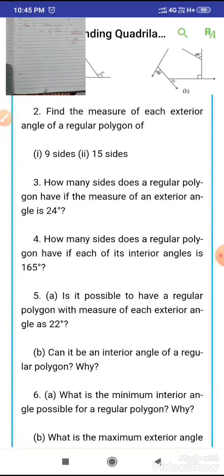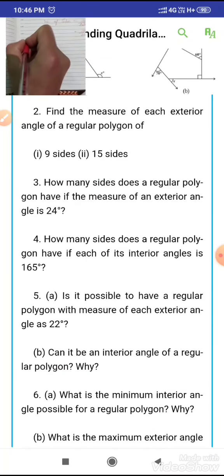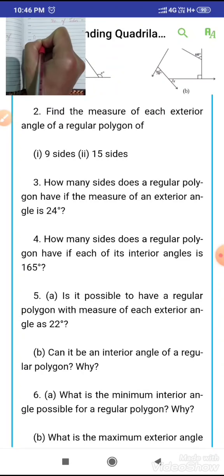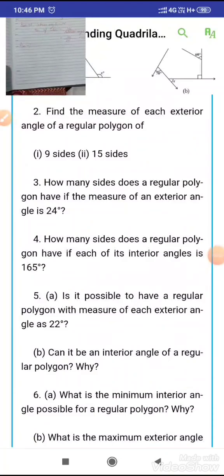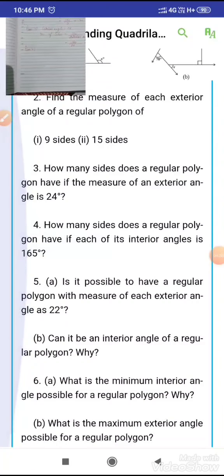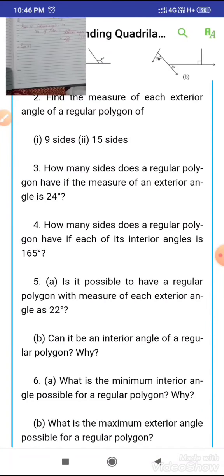Move to our next question. Question number 4 is how many sides does a regular polygon have if each of its interior angles is 165 degrees. So in our formula, if we want to find the number of sides, we apply the formula number of sides is equal to 360 divided by the exterior angle.